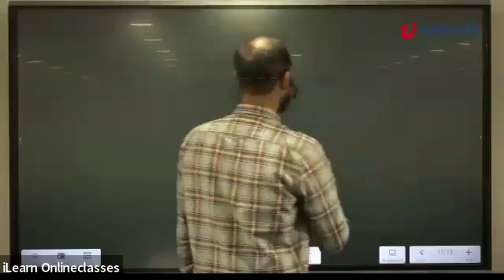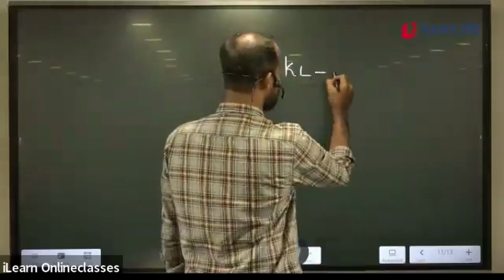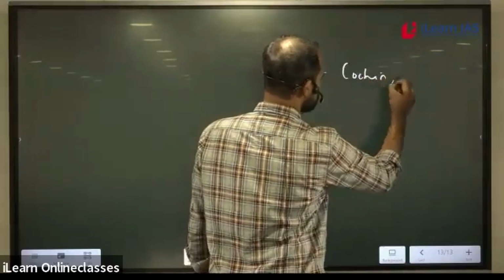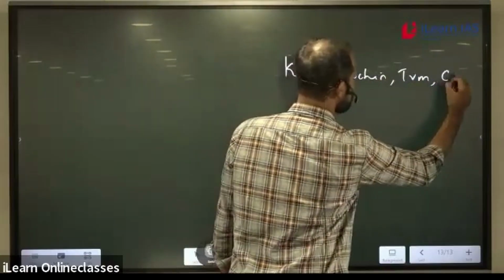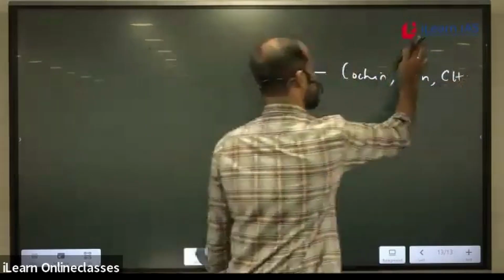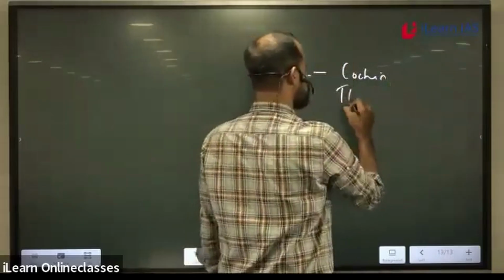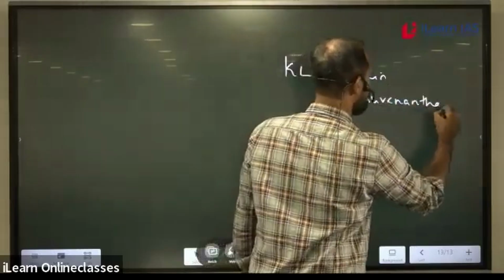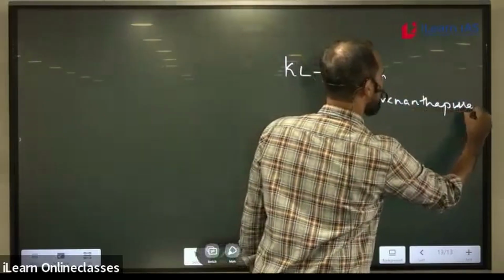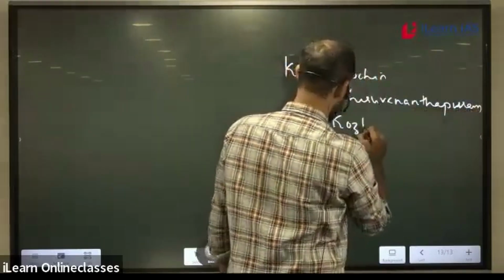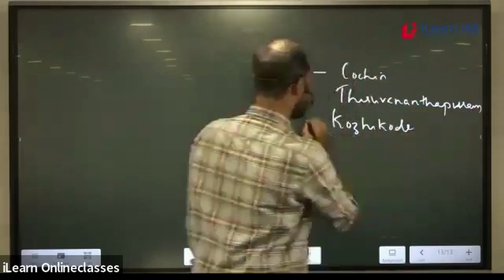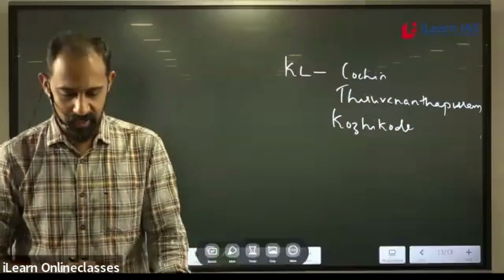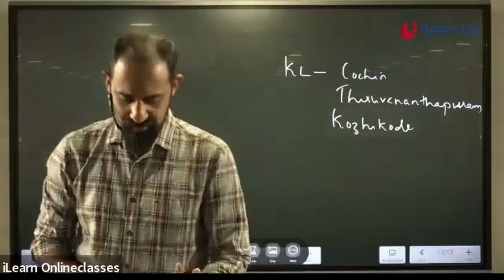Kerala: for secondary deviation, we can give the example of Kerala, with Kochi, Thiruvananthapuram, and Kozhikode. So Kerala is a place where this theory is not properly applicable. It is secondary deviation you can witness here.